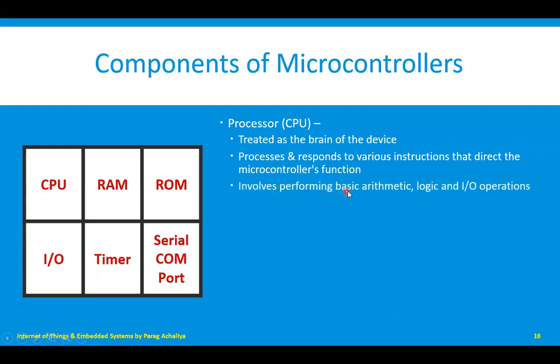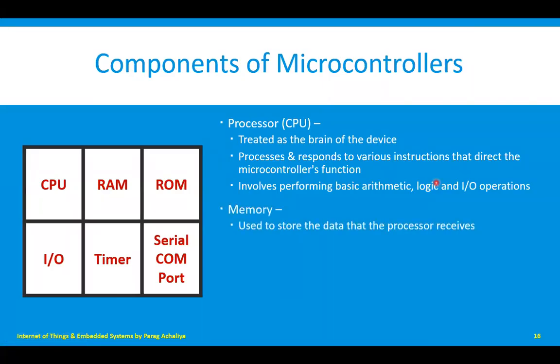It involves performing basic arithmetic operations, logical operations, or various input-output operations. So the task of the processor is to perform arithmetic operations, logical operations, and I/O operations, along with processing and responding to various instructions.